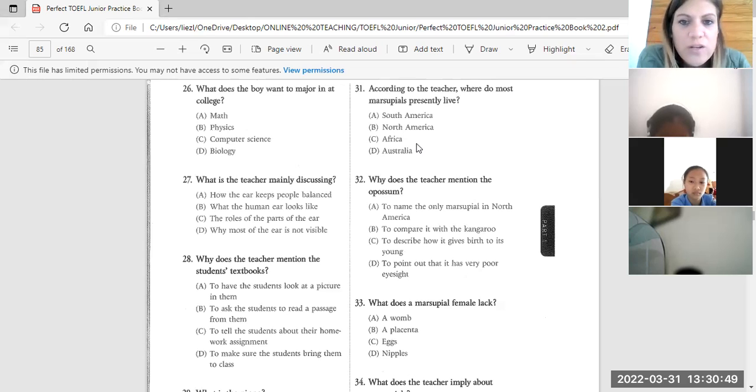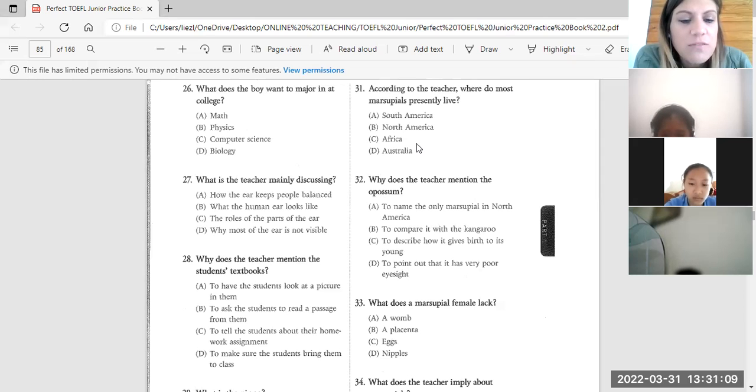According to the teacher, where do most marsupials presently live? The majority. Teacher, can I listen again? The majority. Now, majority is most of them live in Australia.